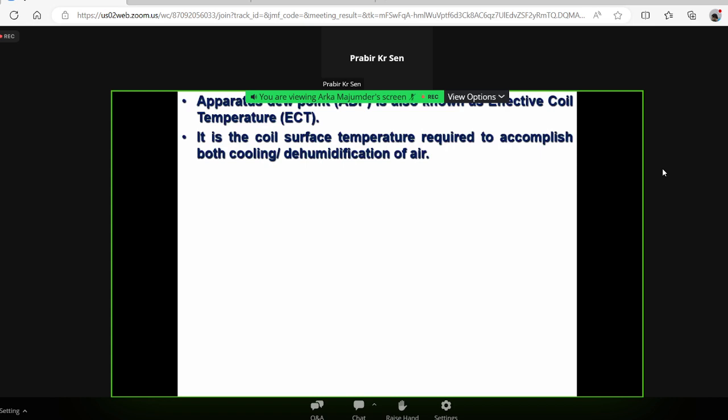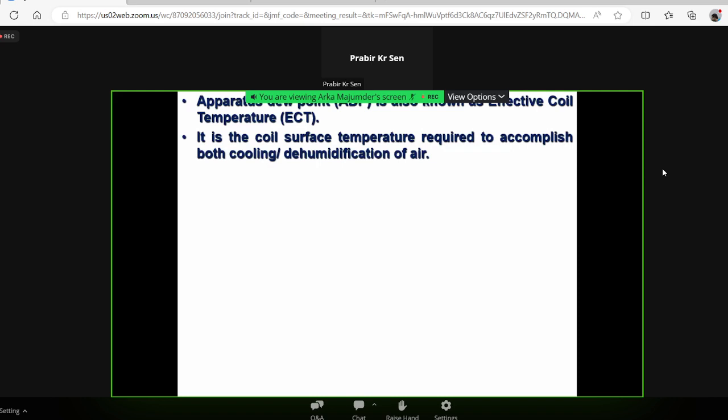So, if the return air and outdoor air mixture dew point is 15 degrees centigrade, in no case should our coil temperature, or the apparatus dew point or the coil surface temperature, be more than or equal to 15 degrees centigrade. It should always be less than 15 degrees centigrade. And it should not be so much less that your chilled water is not available at that temperature.